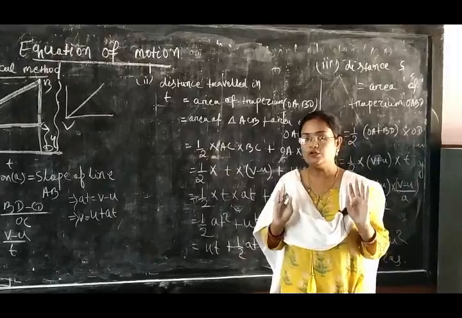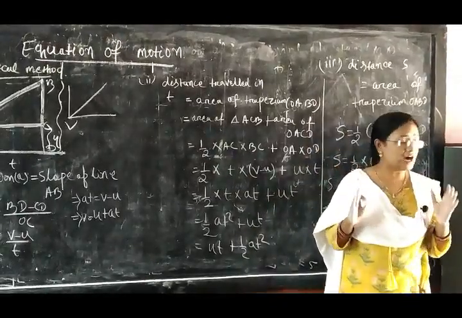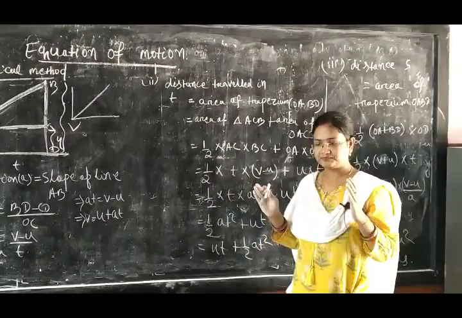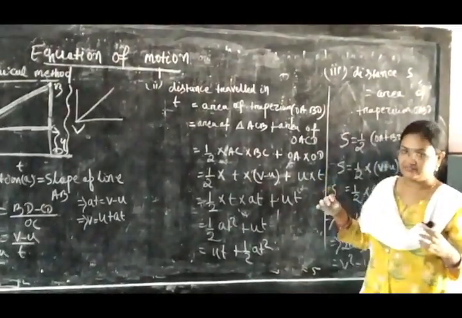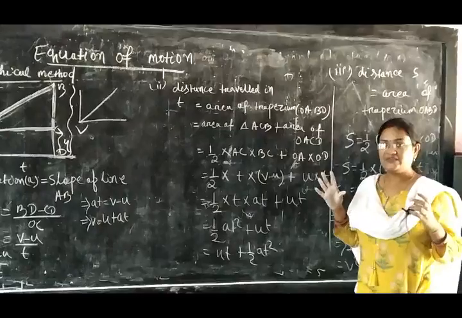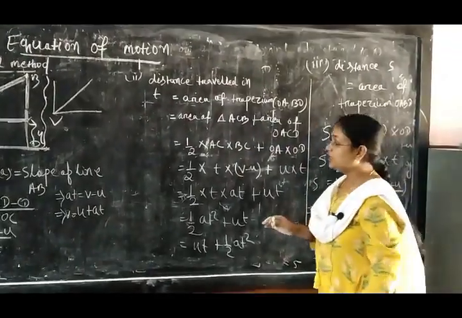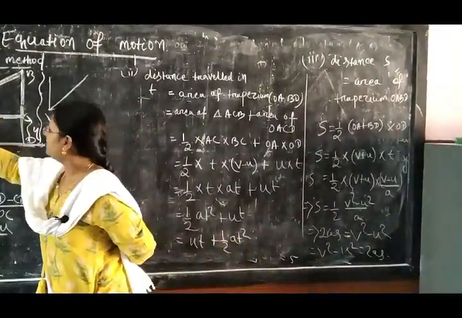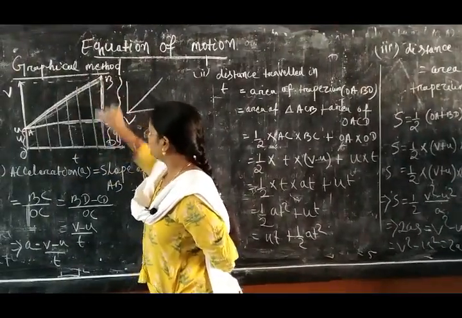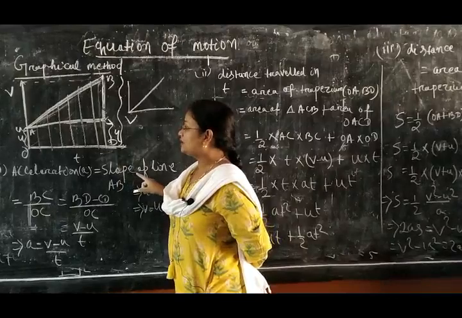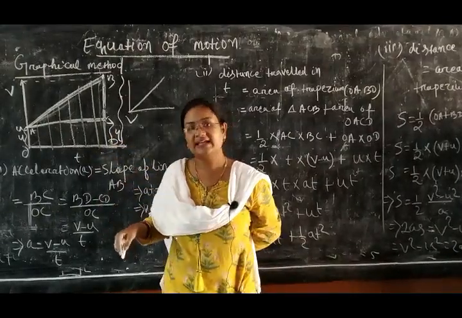And I had already told you that from the velocity-time graph, you calculate the distance by finding the area under that curve. That will give you the distance. So if you find the area of this figure AB, then you can calculate the value of s.